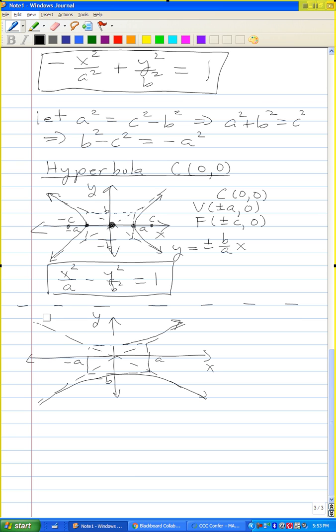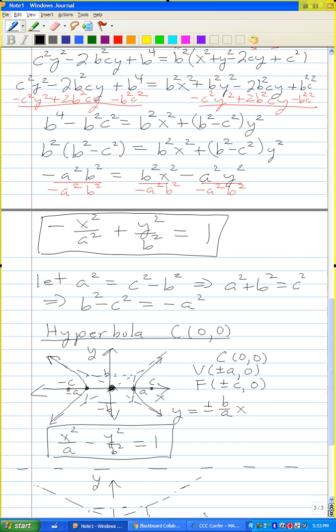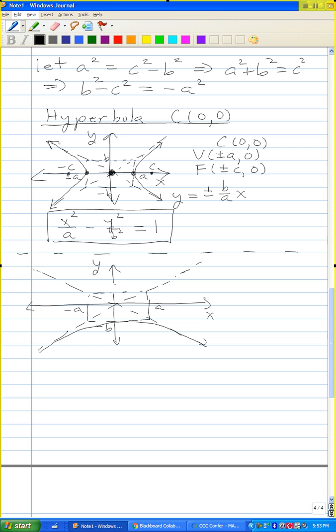Let's try this one again. Okay, let's see if I can draw this a little bit better. This doesn't look great, but here are my vertices.